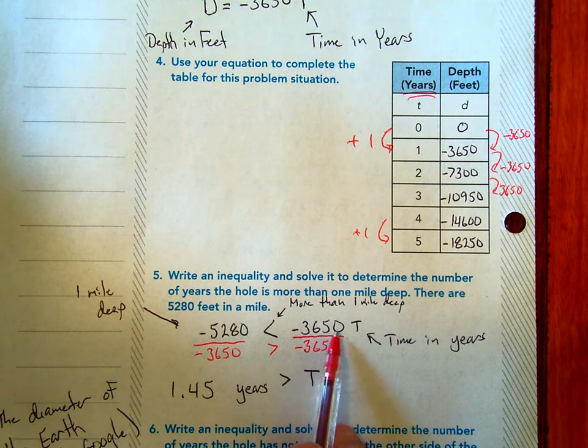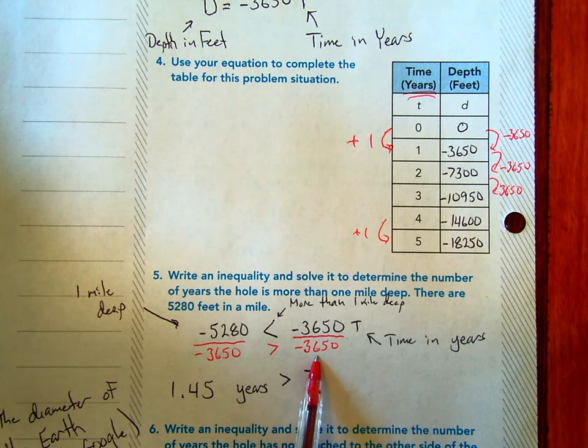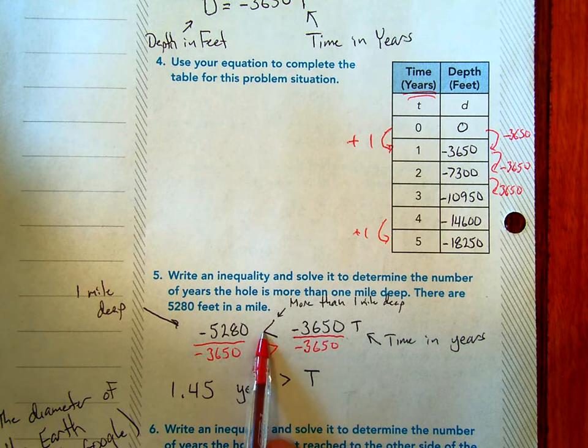Divide both sides by negative 3,650. Dividing by a negative changes our inequality. It flips it, because negative in math also means opposite, and the opposite of less than is greater than. And then I used a calculator, and I get t is less than 1.45 years, or 1.45 years is greater than t.